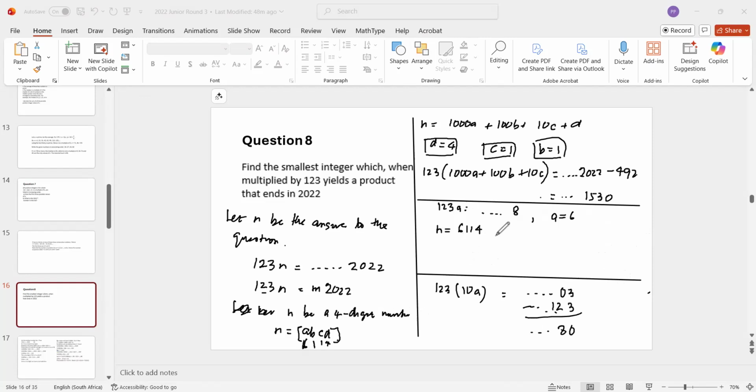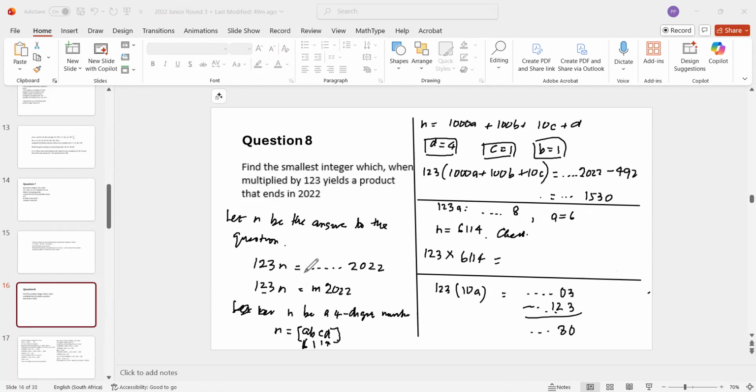And we can check to see whether 123 times N. Now you can actually multiply these two things. And I did multiply it, and I saw that the thing ends at 2022. All right. The answer will be down there because I did calculate this.